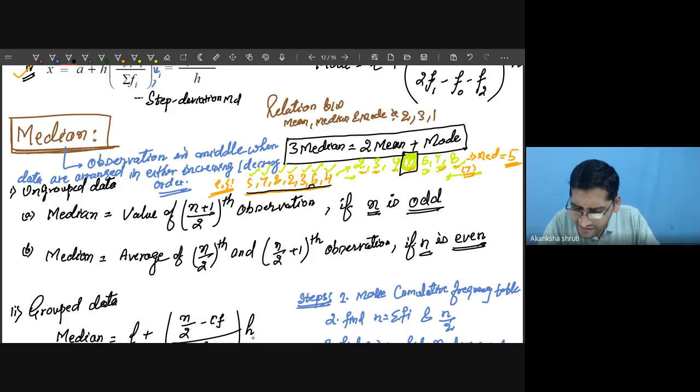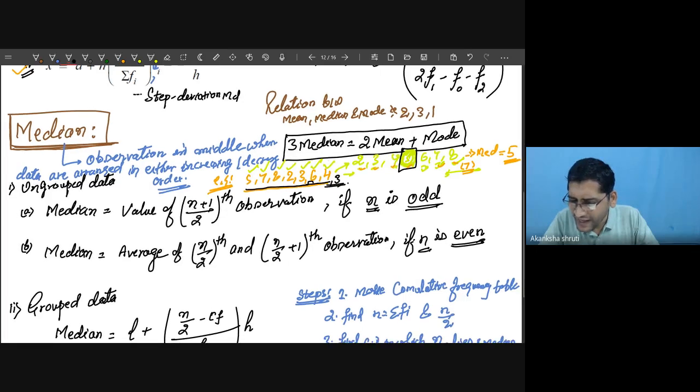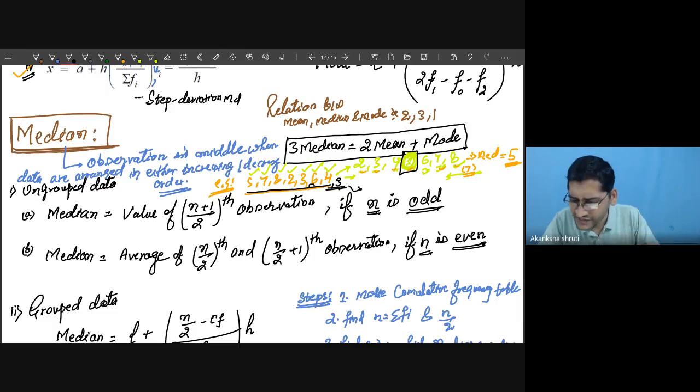So let us take the 3 itself once more. At this time, while you are arranging it, you have to write it 2, then 3. The 3 is occurring twice, so write it 2 times. Okay? Then 4, 5, 6, 7, and 8.